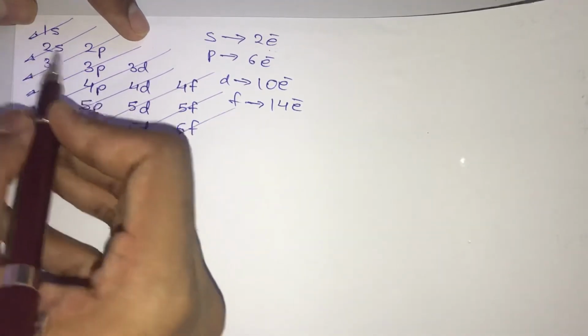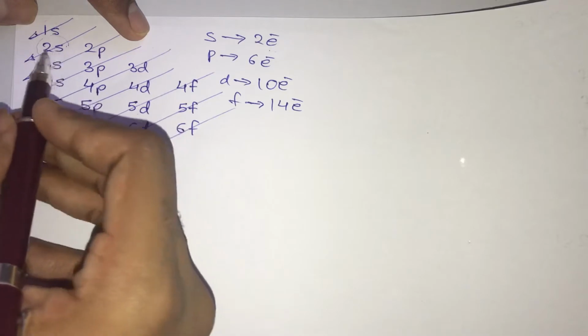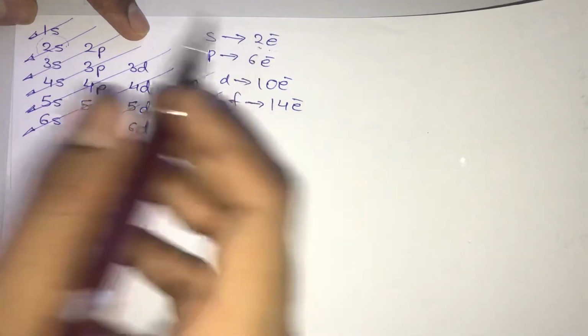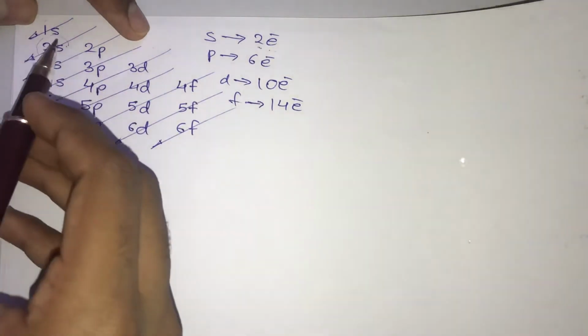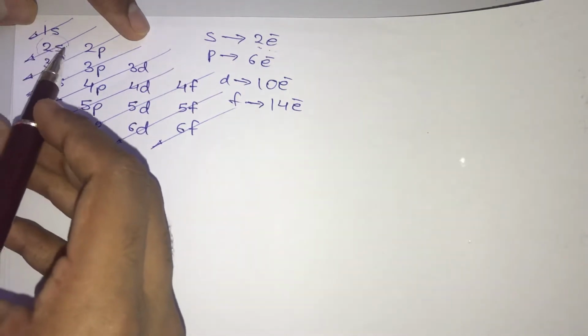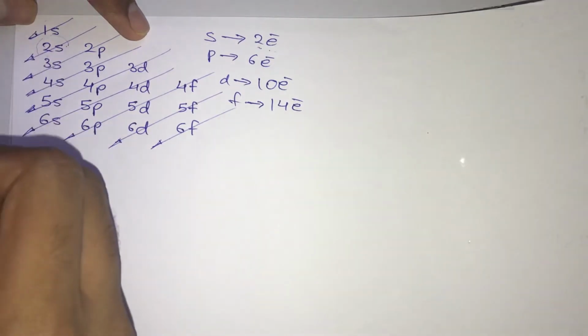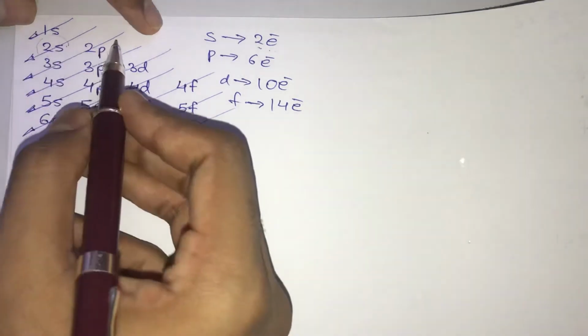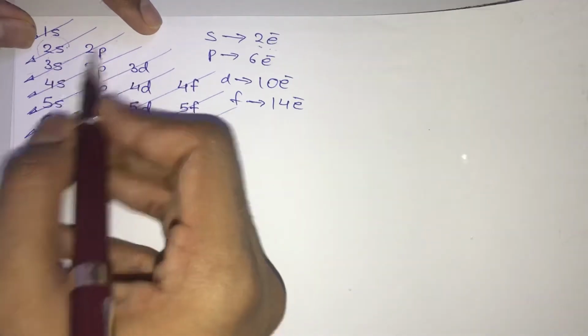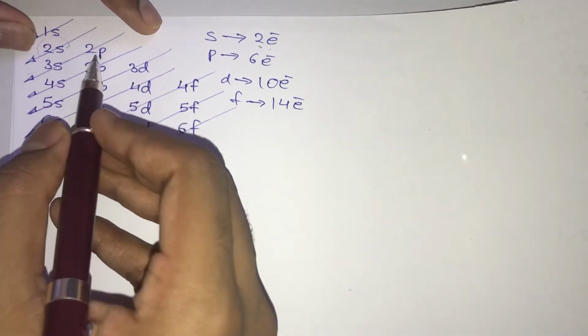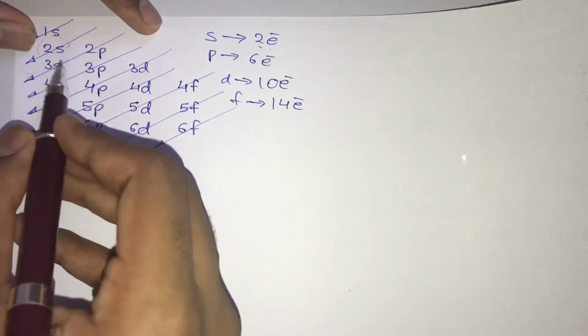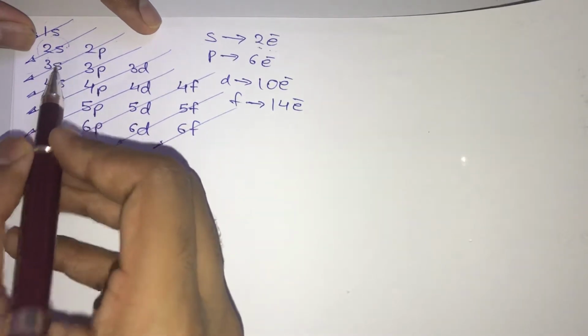Inside the next diagonal there is again 2s. So this 2s can take a maximum of 2 electrons. Out of the 4 electrons remaining, 2s will take the next 2 electrons. Then we move to the third diagonal. Inside the third diagonal, first we fill up 2p and then we fill up 3s. Why so?